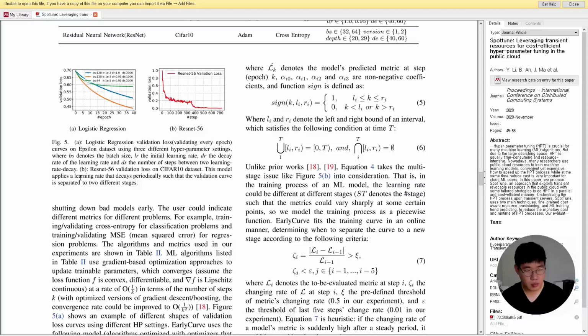This model applies a learning rate that decays periodically such that the validation curve is separated into 2 different stages.